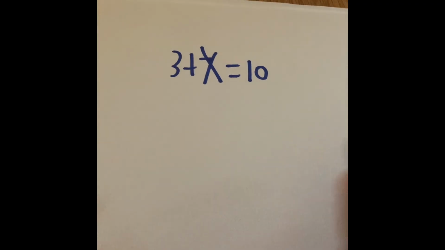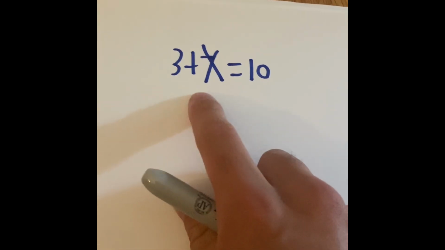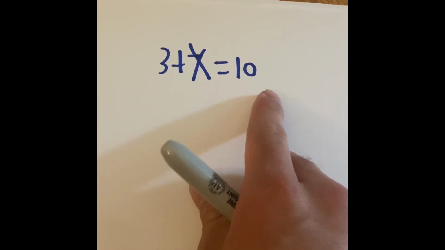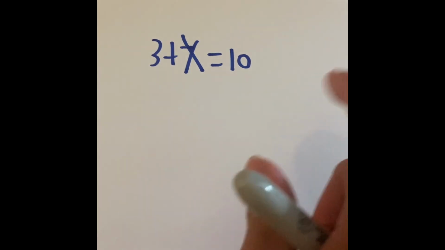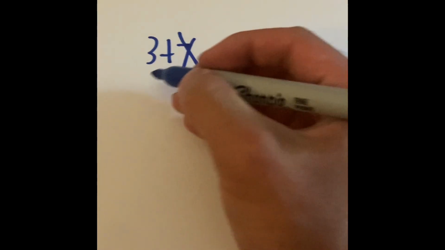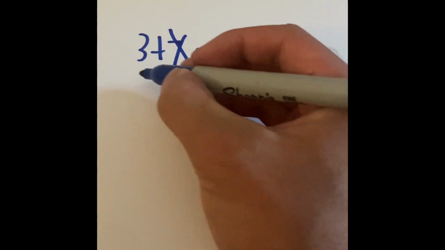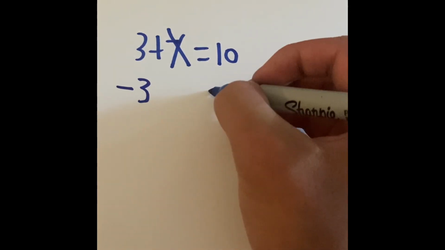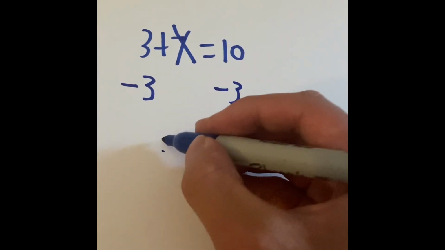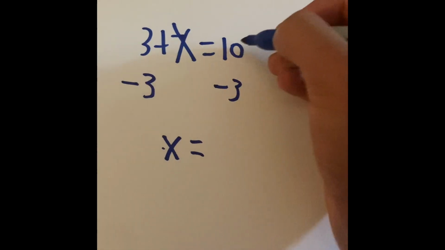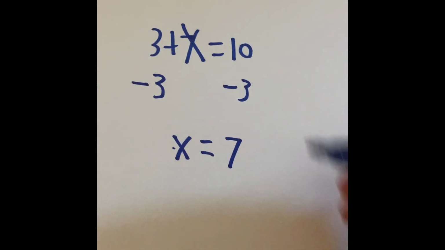Here is what we're trying to say. So we have 3 plus whatever number that is equals 10. What happens if we try to get x alone? So 3 plus what equals 10? If I subtract 3 from both sides, we are going to have x equal 10 minus 3, which is 7.